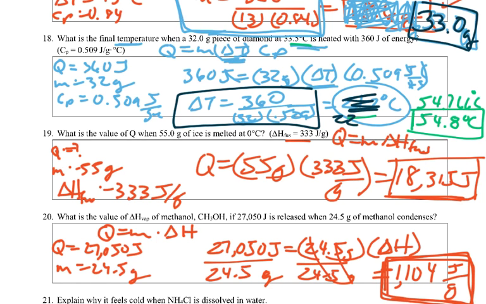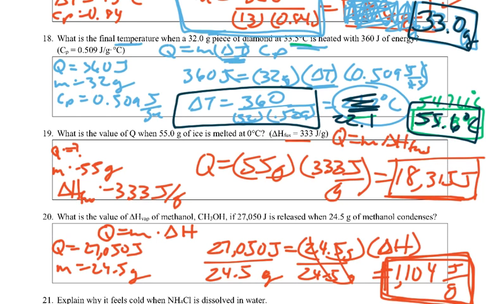Okay, I got 22 point, oh boy, let me calculate it again. 360 divided by 32 equals, divided by 0.509. I get 22.1. So when I add that to 33.5, I get an answer of 55.6 degrees, which matches the answer down below.